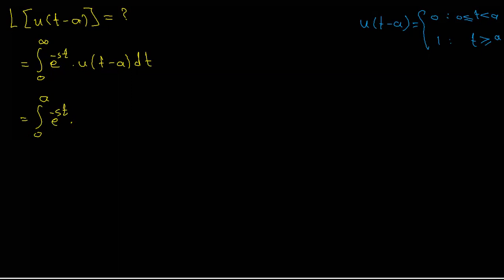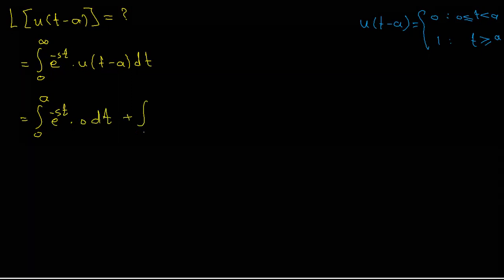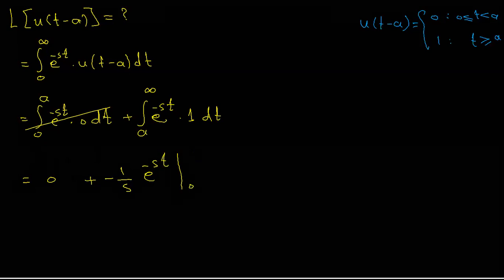Your u is what? 0. 0 dt, plus the second interval from a to infinity, e to the negative st times my u in the second interval, when my t is greater than a, is 1, dt. This one is 0, cancel out. So I have only this integral. So it's 0 plus negative 1 over s e to the negative st from 0 to infinity.